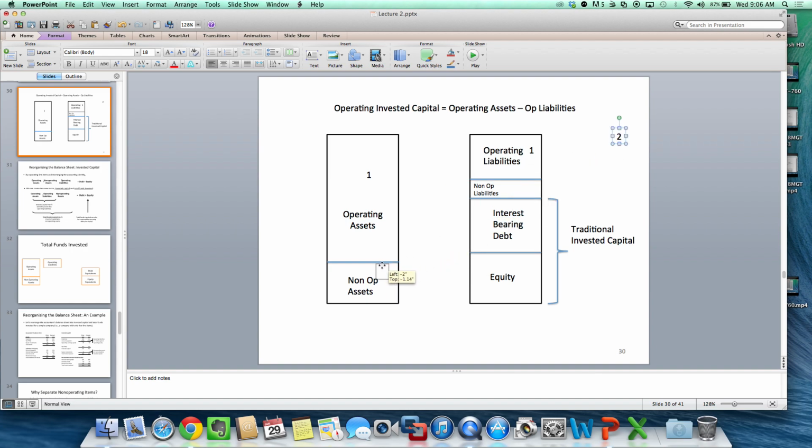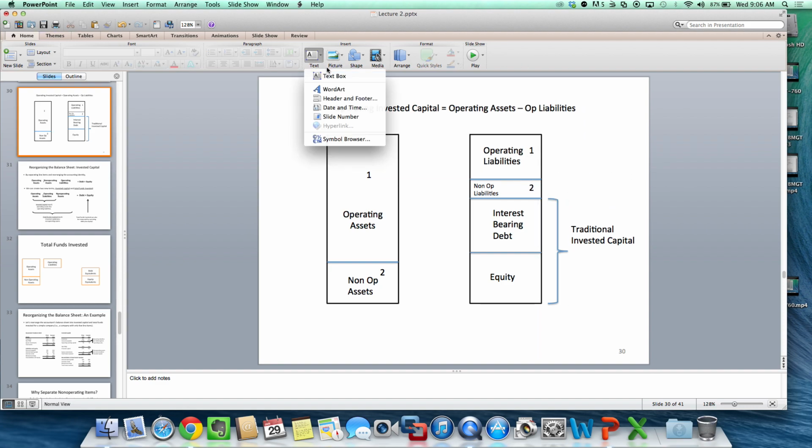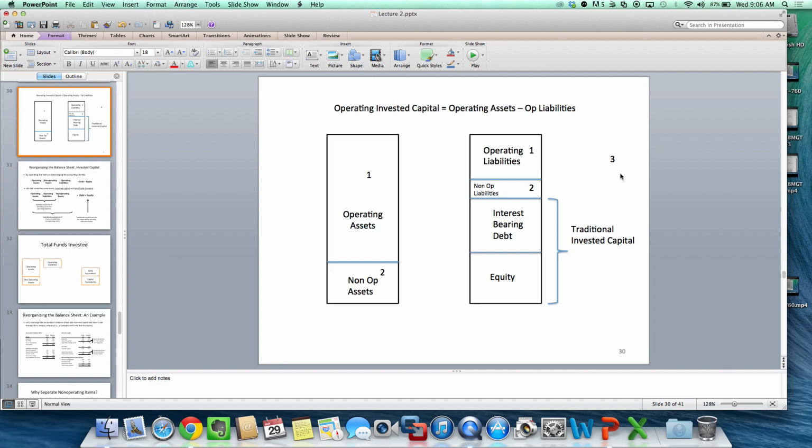My twos, my text box twos, these will be my threes. It'd be much easier if I could have written on the whiteboard.